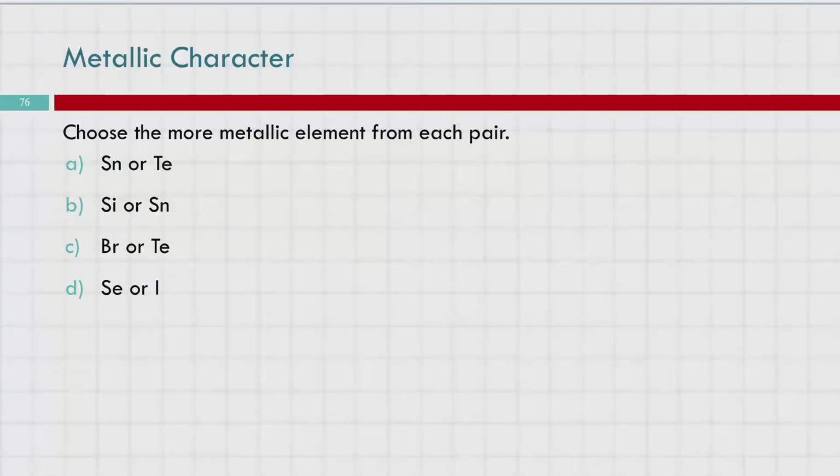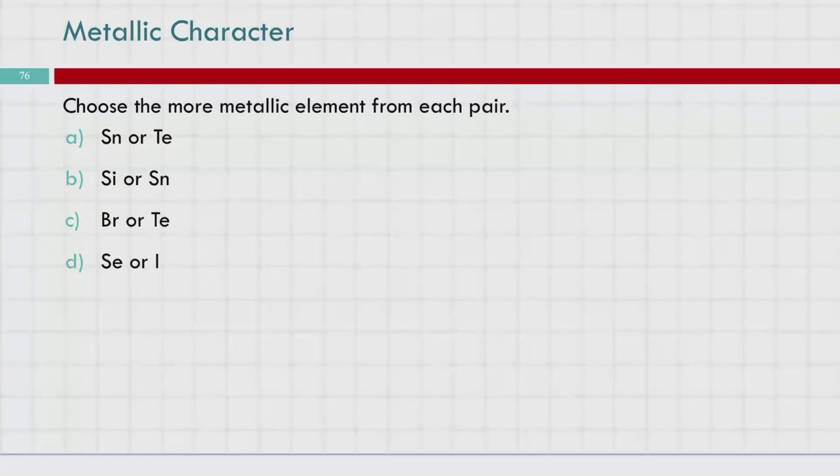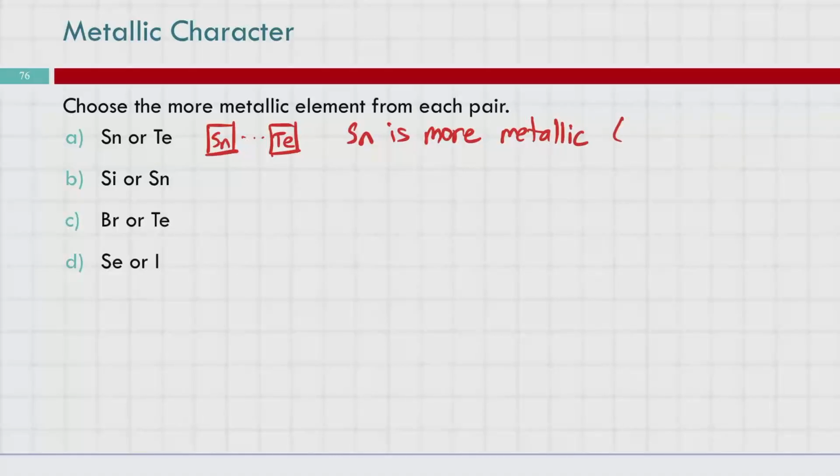Okay, let's choose the more metallic element from these pairs. We've got Sn and Te. Which one is more metallic? Sn is more metallic. Tin is more metallic, because it's further left.